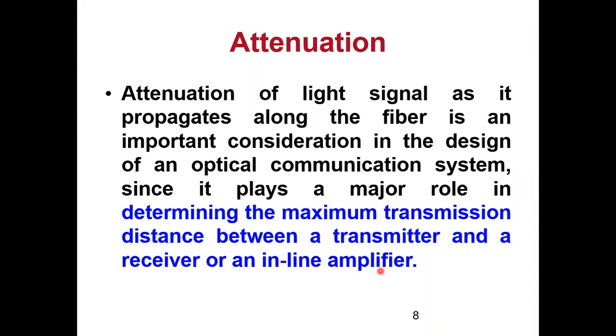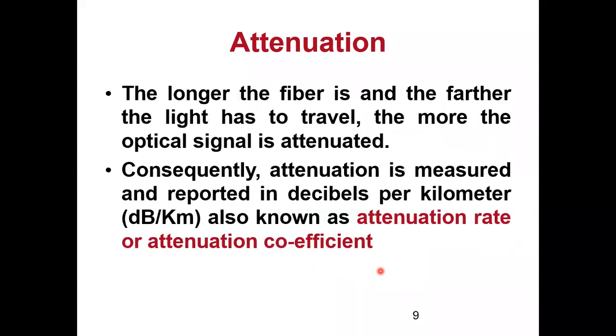I have to take care that my repeater spacing is more, so I use fewer repeaters or amplifiers, because all fiber equipment is very costly, and we simply cannot put an amplifier just because my signal strength is decreasing. The longer the fiber is and the farther the light has to travel, the more the optical signal is attenuated.